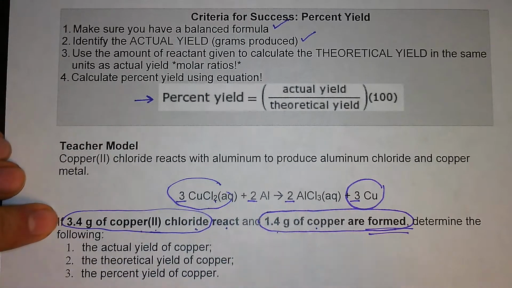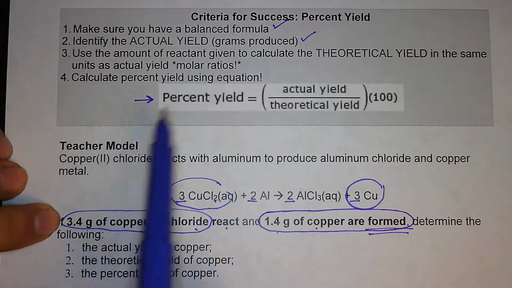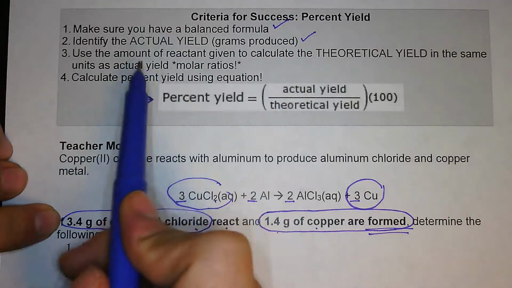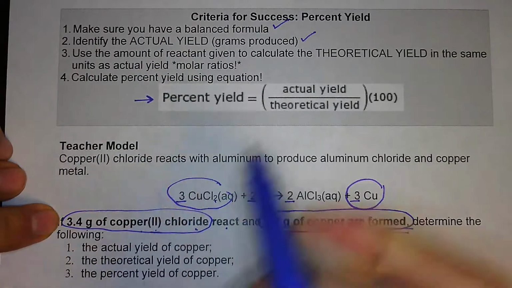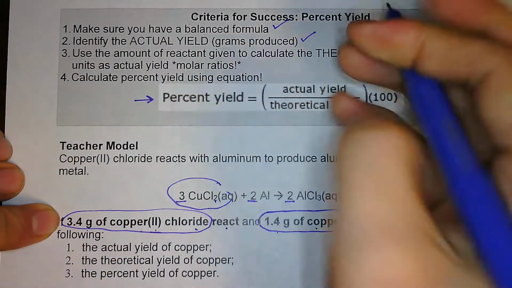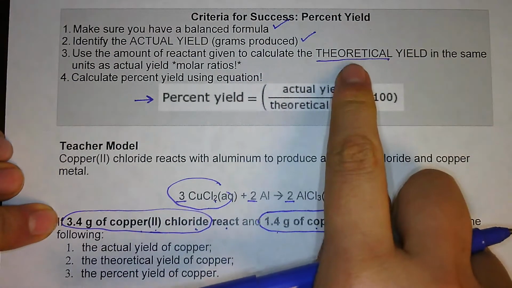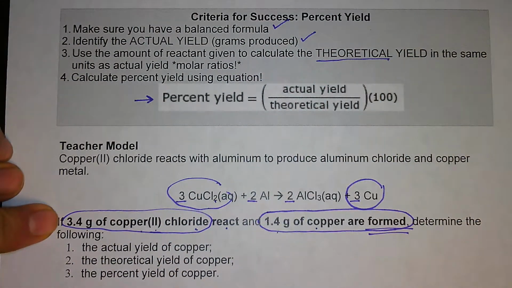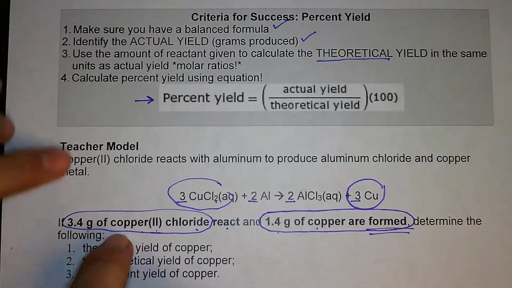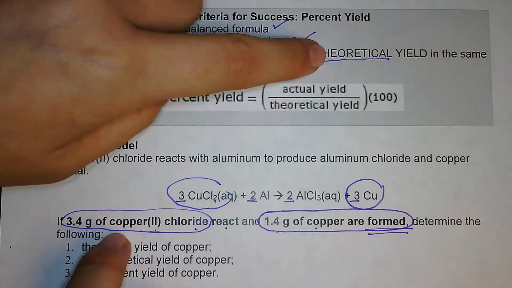Again, the theoretical yield is like in the perfect world, how much would we produce if absolutely nothing went wrong. All right, so let's do this one.